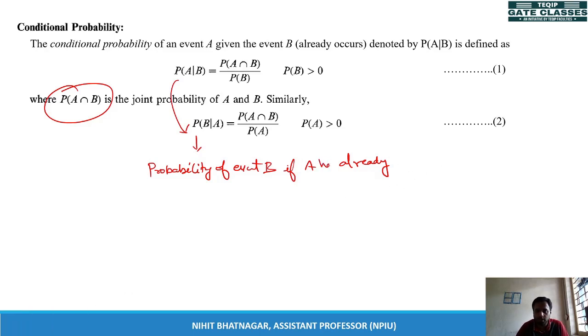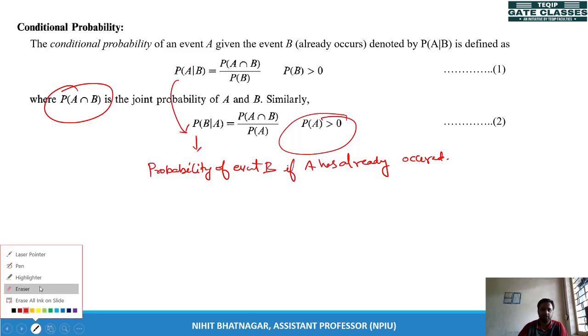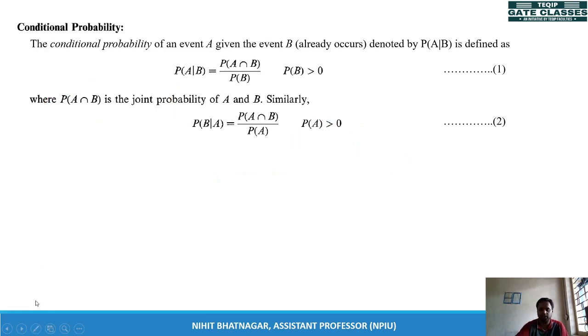And the probability of A should be greater than 0. It should not be less than 0. Probability never contains a negative value.